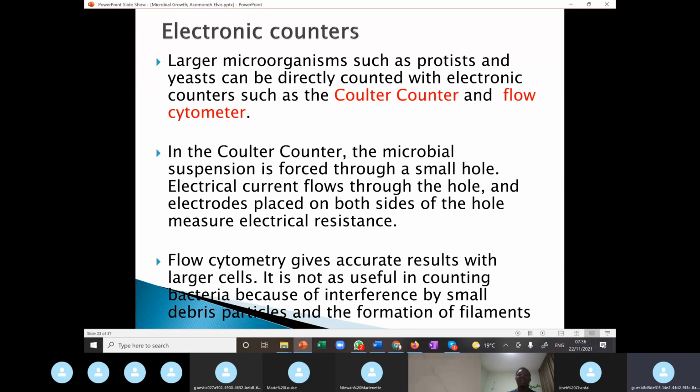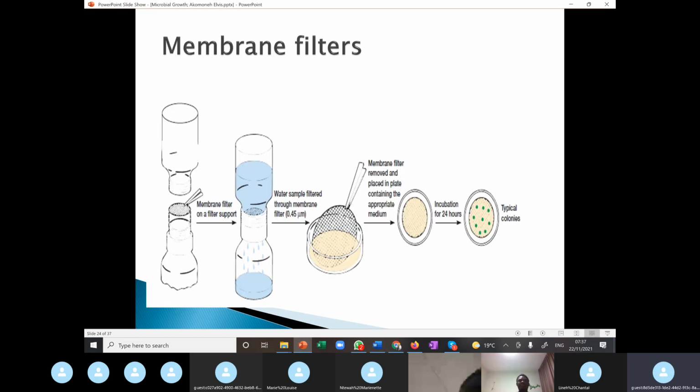So that will give an idea of how many cells are present in our sample. The flow cytometry method is also a very good method, but more advanced, and it's used in medical studies to count so many other cell components, even in the body, not only in microorganisms.